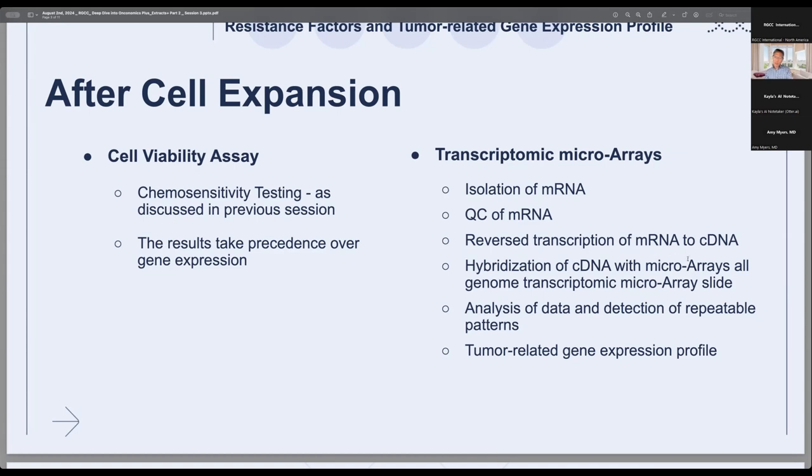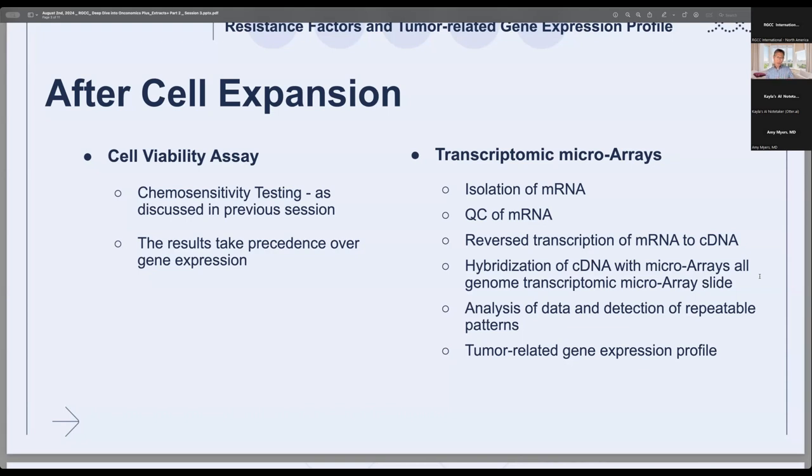And so once the gene expression is determined for the tumor-related genes, there's over 90 genes, it's now shown as a percentage in the report of overexpression or downregulation.